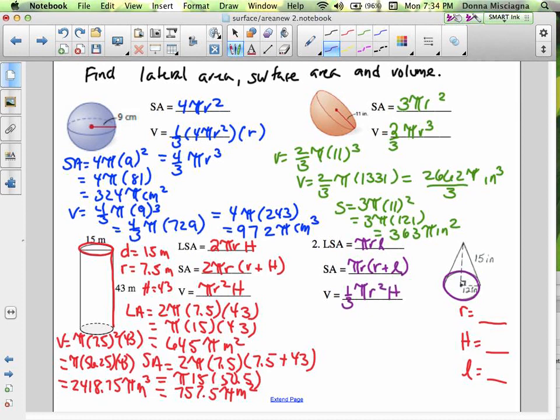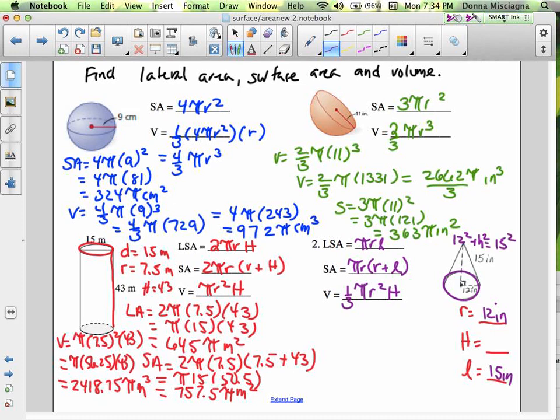We're given the radius already, that's 12 inches, and the slant is 15 inches. We need the height. So we have 12 squared, radius squared, plus height squared, and that's the height of the cone, equals slant squared, or 15 squared.